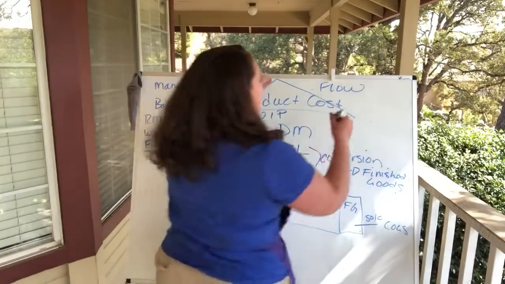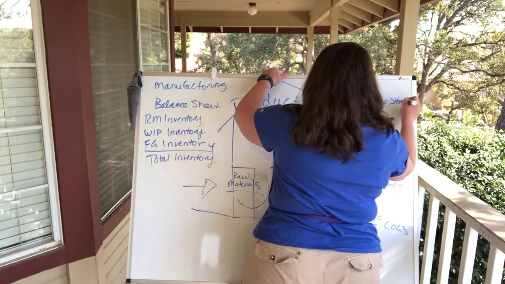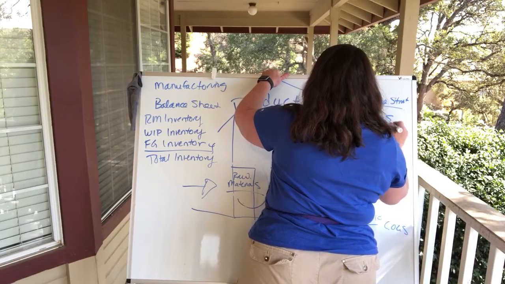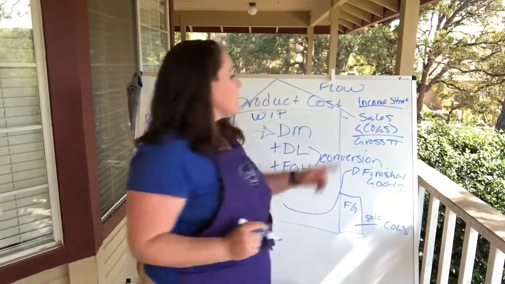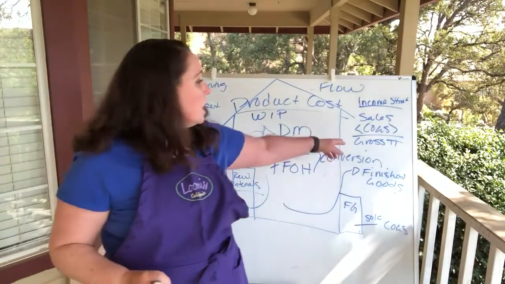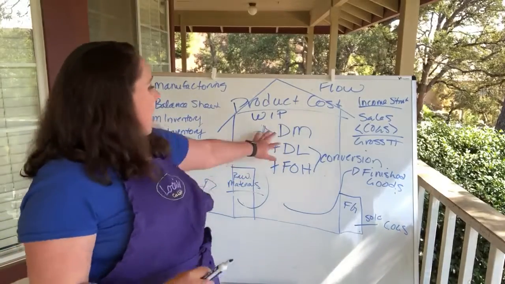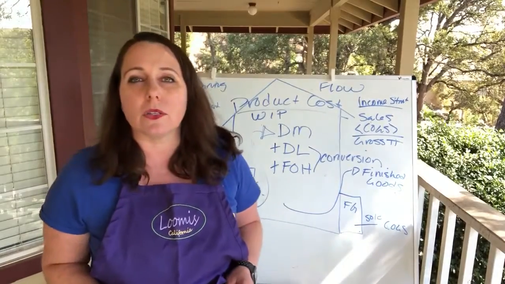And if you remember on our income statement, our sales minus our cost of goods sold equals our gross profit. Okay, so balance sheet, balance sheet, balance sheet. Once we sell it, it hits the income statement as cost of goods sold.